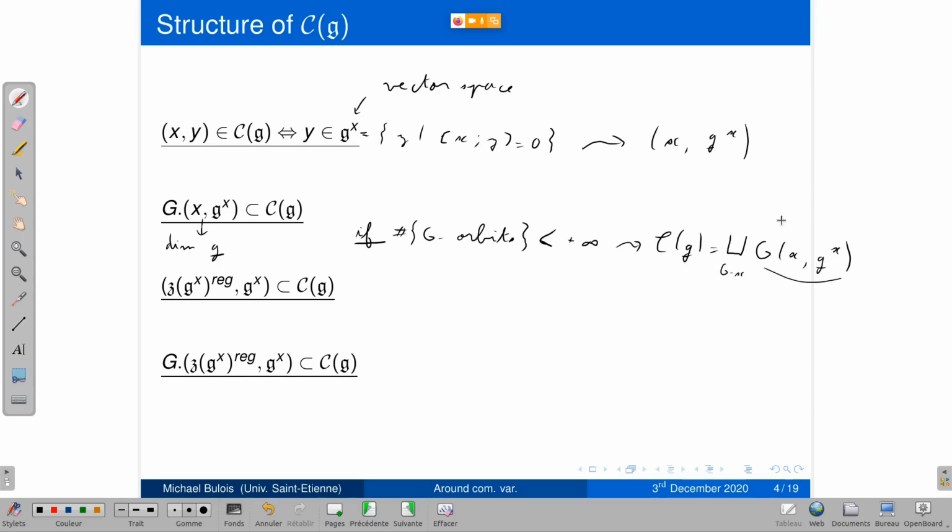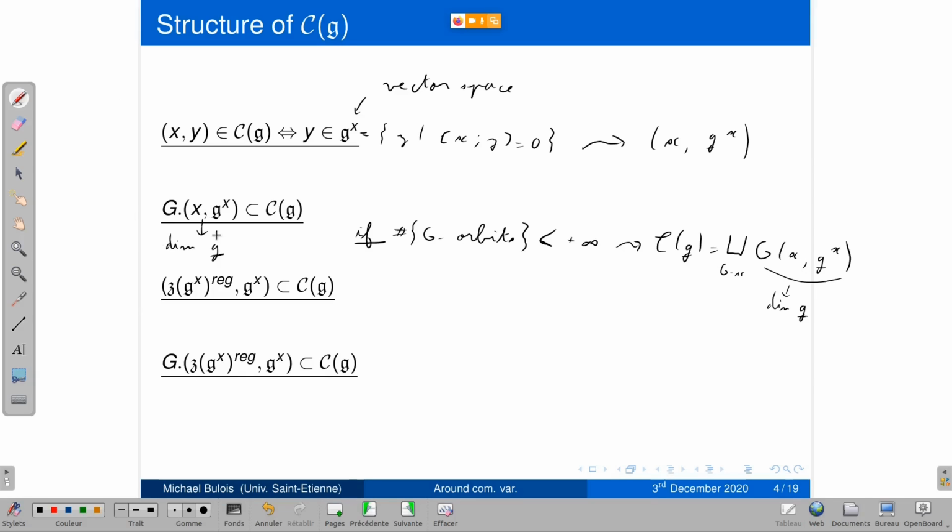And here you have a finite union, so you know that your variety is of dimension G, and this gives you a decomposition into irreducible components. But it's not the case for the Lie algebra, just an analogy which arises in some other setting, like in the nilpotent commuting variety, where you have only finitely many nilpotent orbits.